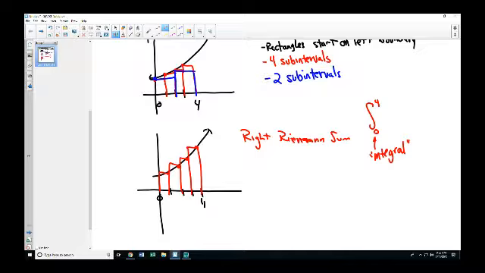You can interpret it as area under a curve. So the integral from 0 to 4, the area under the curve from 0 to 4 of the function, is approximately, and since we're still approximating we use the double tilde, and then you have some answer.